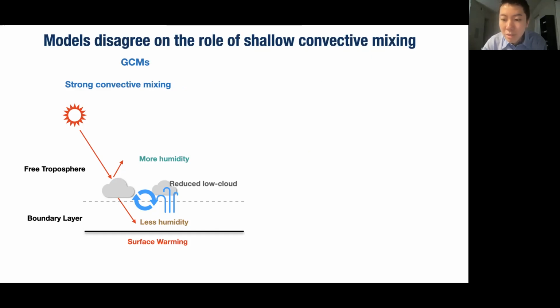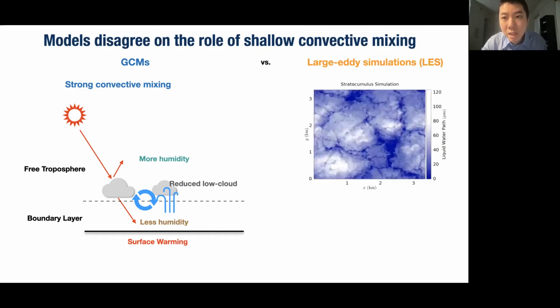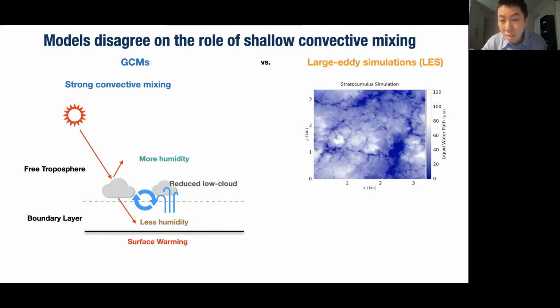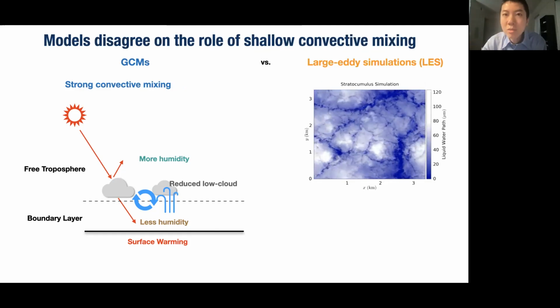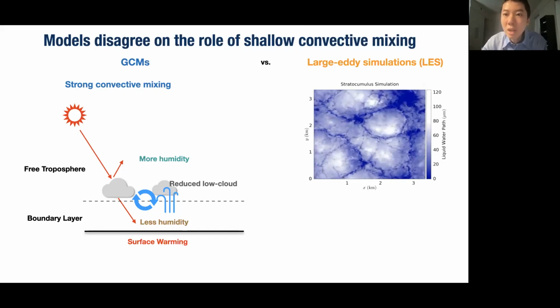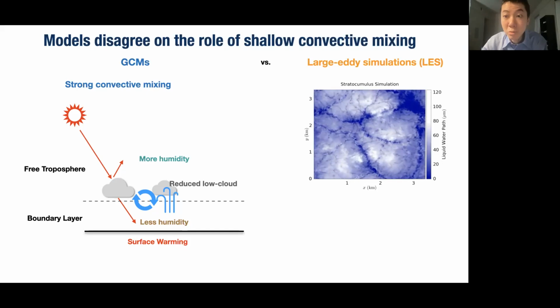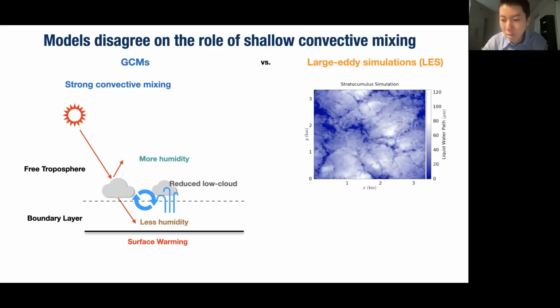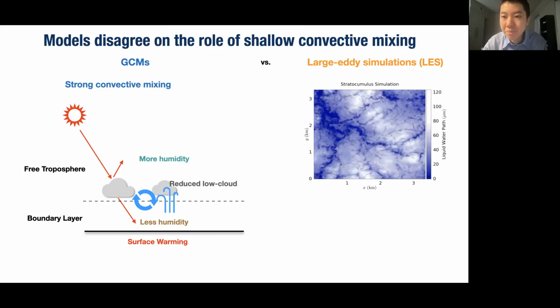But there is another type of model, which is large eddy simulations. The large eddy simulation is very good at simulating cloud activities because it resolves very fine-scale atmospheric motion and resolves the evolution of clouds, like the figure shown here.